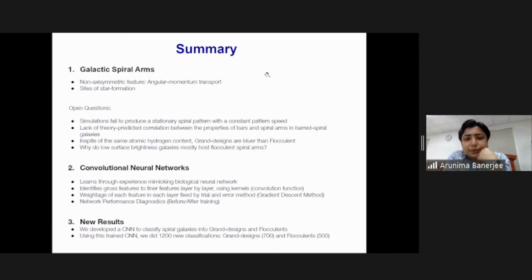How is a deep convolutional neural network different from a multi-layered perceptron model? Okay, so the multi-layered perceptron model, which I intended to discuss, but we didn't have much time, is a fully connected neural network. That means I showed you various layers, right? Hidden layers, input layer, output layer.